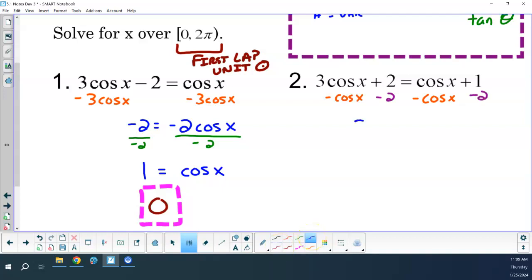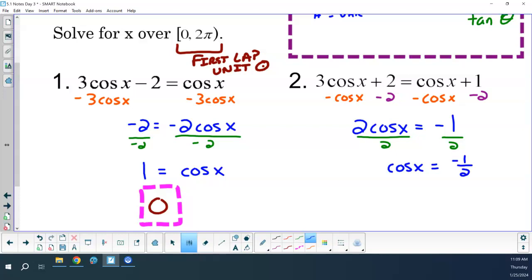That's going to give me 2 cosine of x equals -1. Agree with me on that? Okay. Divide by 2. That's going to give me cosine of x equals -1/2.